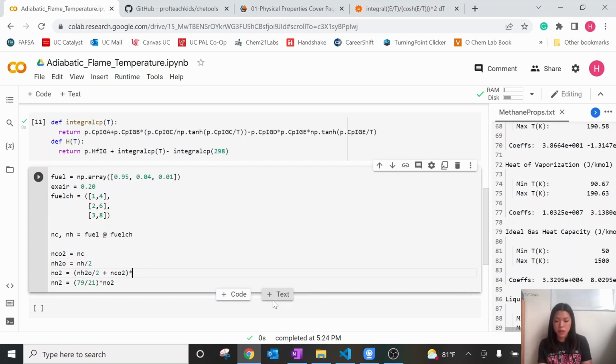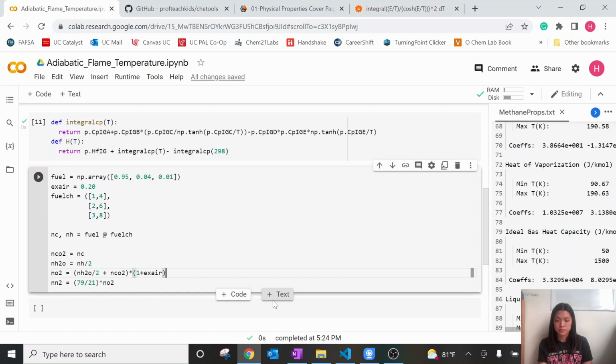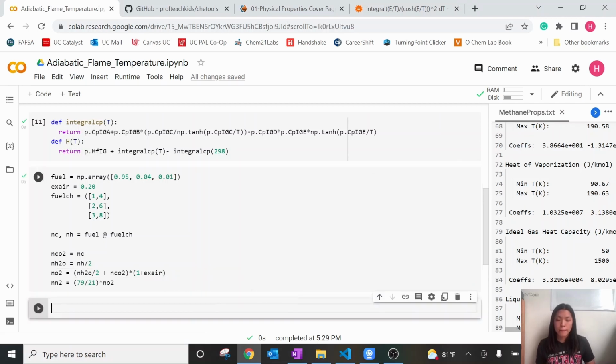So that's going to be multiplied by 1 plus the excess air percentage.